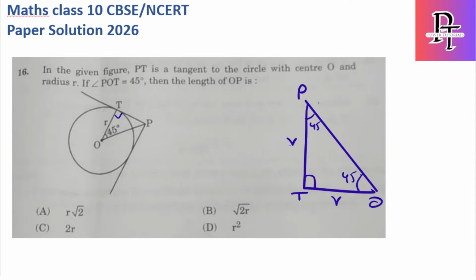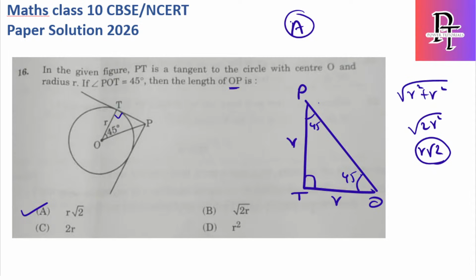Then you need to find the hypotenuse, which is OP they're asking. So simply use Pythagoras theorem to get the OP, which is root of R square plus R square, root of 2R square, or R root 2, which is A. So again we got A option. So in the set, most of the options are A, so fine. No, let's not think about that.